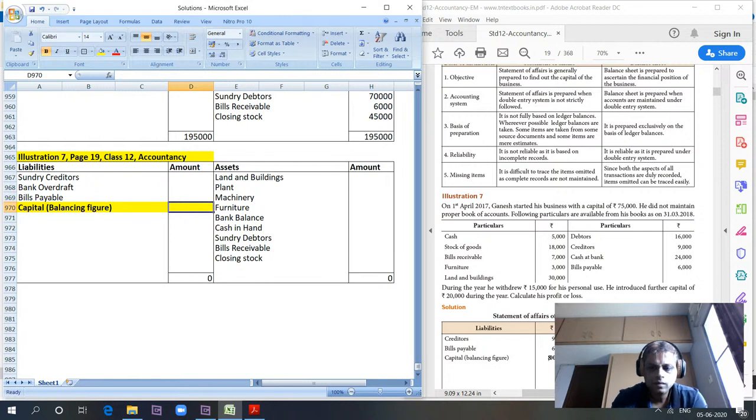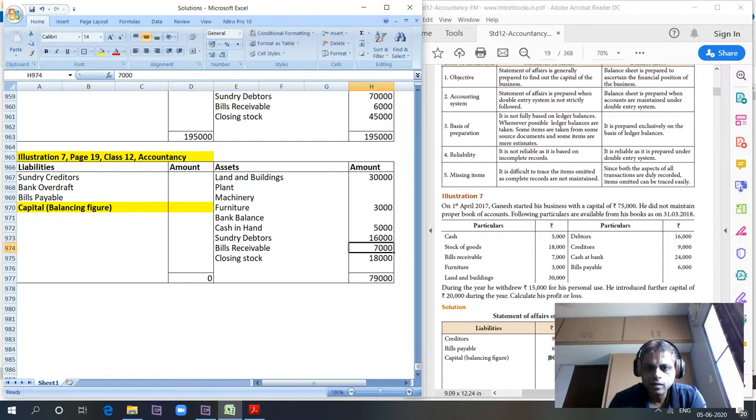Cash 5,000. Stock of goods 18,000. Bills receivable 7,000. Furniture 3,000. Then land and buildings 30,000. Then sundry debtors 16,000.